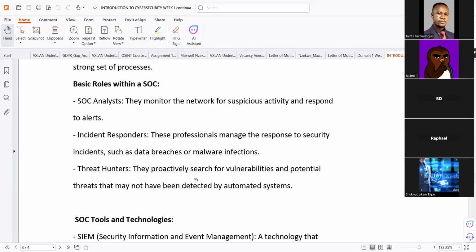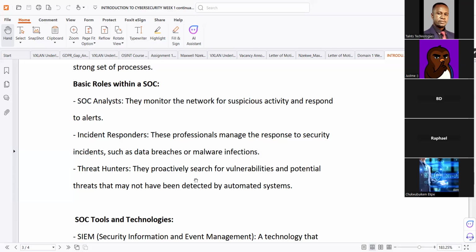So, who are incident responders? These are professionals who manage the response to security incidents. When the SOC analyst sends the alert and says, oh, we have a suspected breach, the incident responder is the person who is going to respond to those data breaches or malware infections.